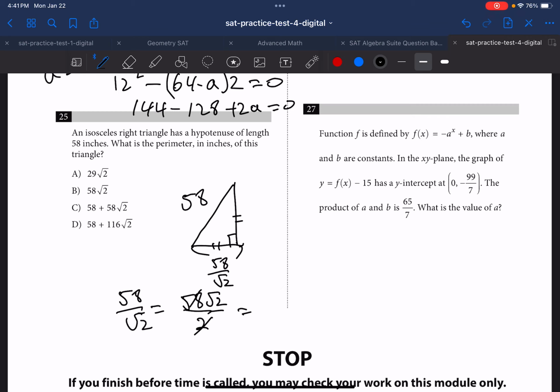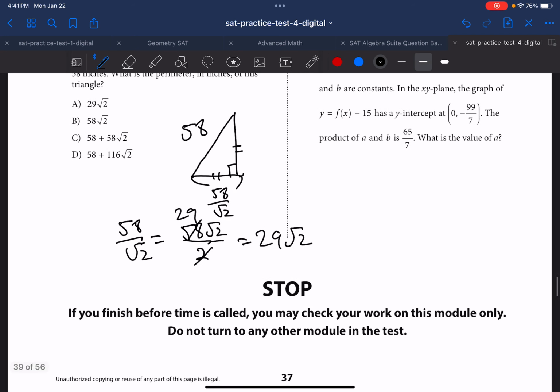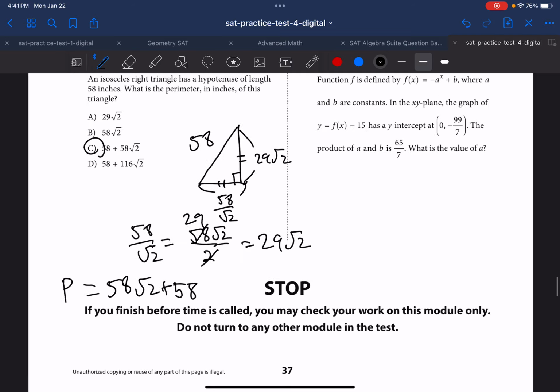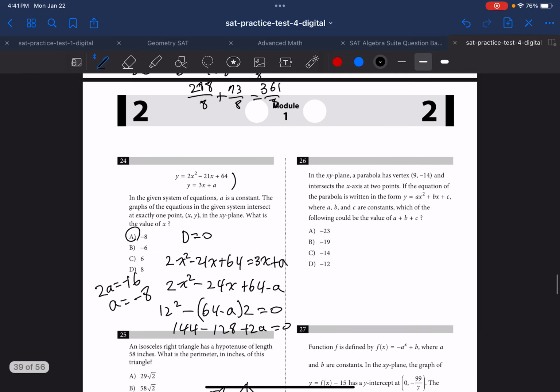So this cancels out to 29. 29 root 2 would be one leg length, and the other leg is also 29 root 2, so 58 root 2 plus 58 would be our perimeter. So here, C is the correct answer.